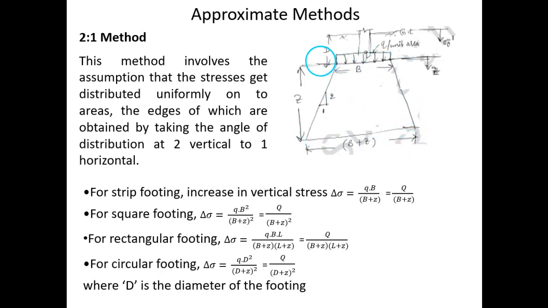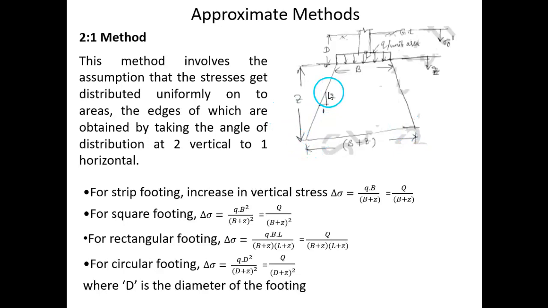So for this, we have to take the ratio of total load divided by the area of the soil on which the load is acting. How do we find that area? For this, we need the width and length of the soil where the load is acting.